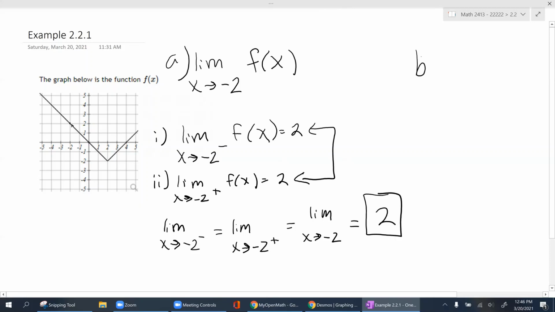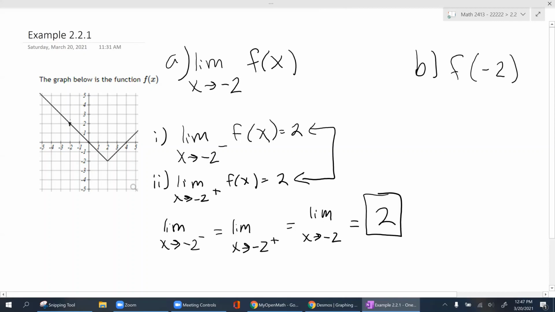And then you're asked to find f at -2. Whenever x equals exactly -2, it's not approaching; you're not getting tighter and tighter closer to it. It's exactly -2.